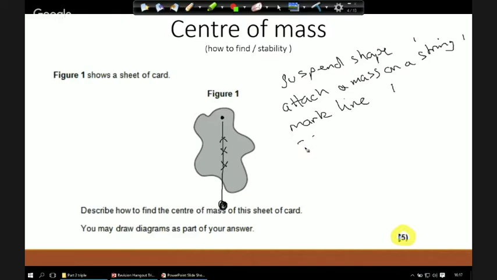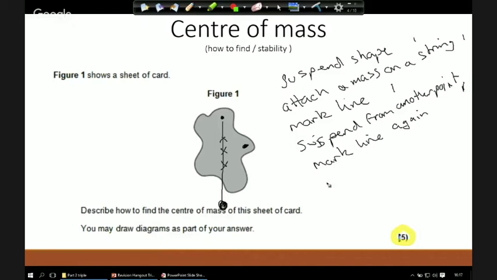The fourth mark is suspend from another point. So this time you might want to hang it from over here, and mark line again. You should find that when you hang it that way, you'll have another line like so.